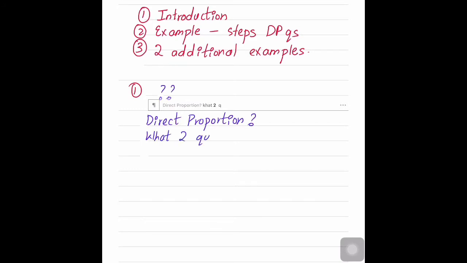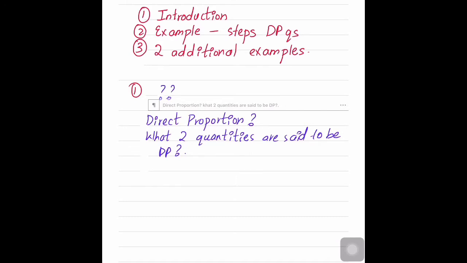Okay, so as I just shared, the first part of the video is the introduction. So what exactly is direct proportion, or which two quantities are said to be directly proportional to each other? We get so many questions like this.